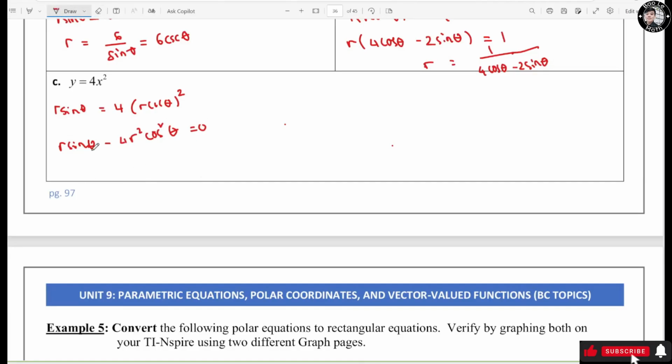Now I'm going to divide both sides by r, so it will be sine theta minus 4 r cosine squared theta. I need to solve for r, so r equals sine theta over 4 cosine squared theta.